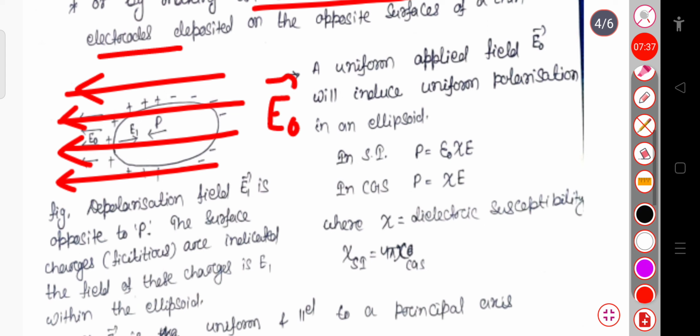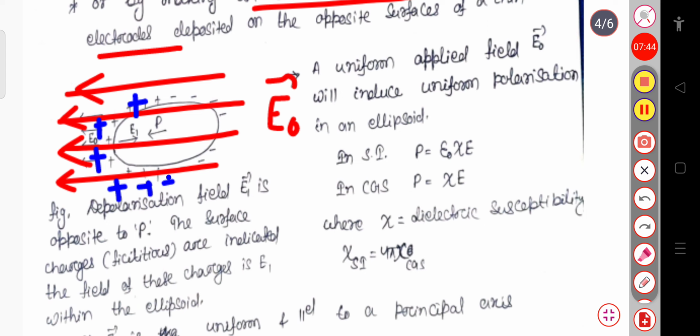The positive charges will accumulate at this point, on the surface of the ellipsoid, in the direction of the electric field. And the negative charges will accumulate at this part.